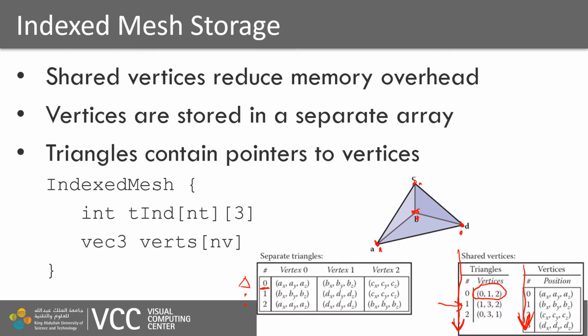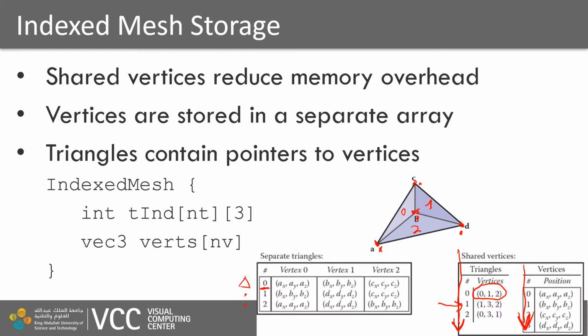So 1, 3, 2 will be: 1 is B, 3 is D, and 2 is C. So that will be triangle 1, B, D, C. The previous one will be 0, 1, 2. And number 2 will be 0, 3, 1, A, D, B. So this is triangle 2.